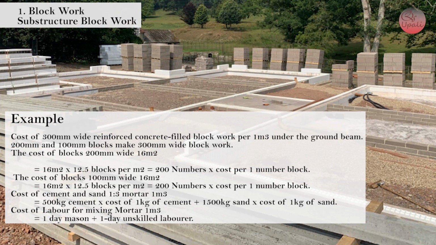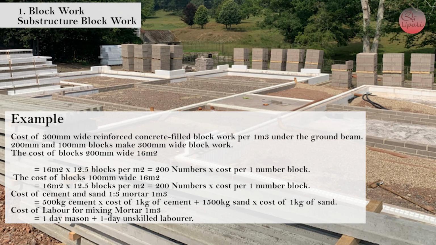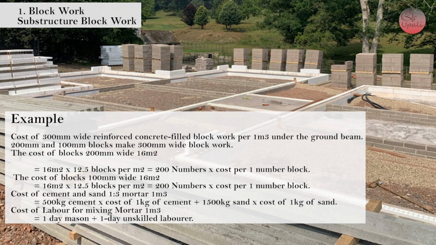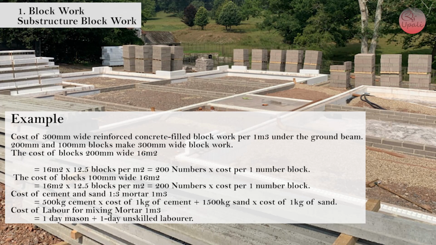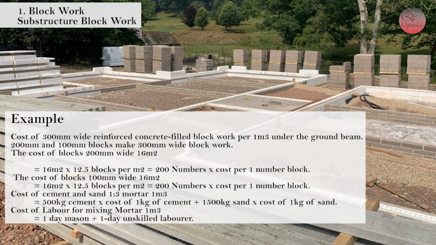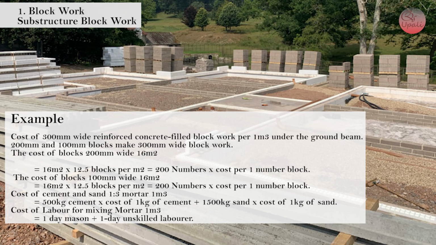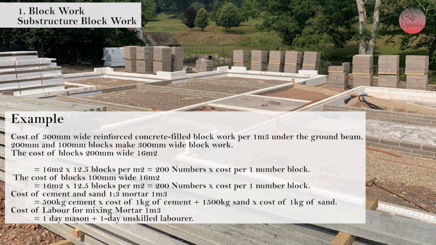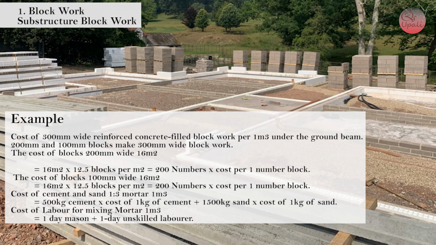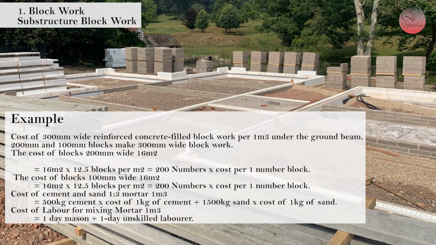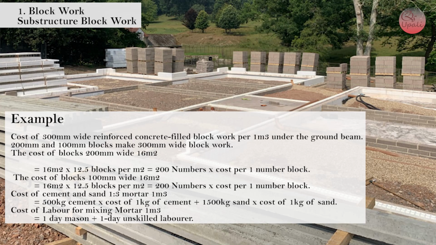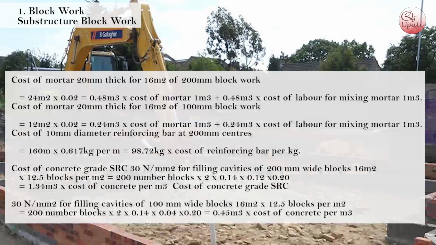Cost of cement and sand 1:3 mortar 1 cubic meter equals 500 kg cement into cost of 1 kg of cement plus 1500 kg sand into cost of 1 kg of sand. Cost of labor for mixing mortar 1 cubic meter equals 1 day mason plus 1 day unskilled laborer.